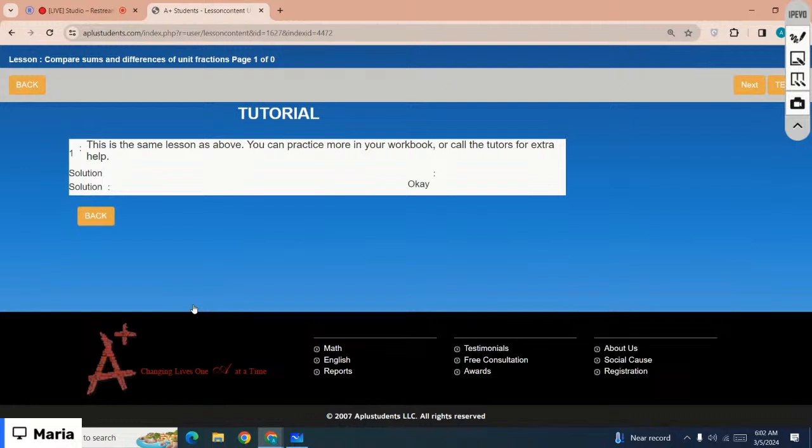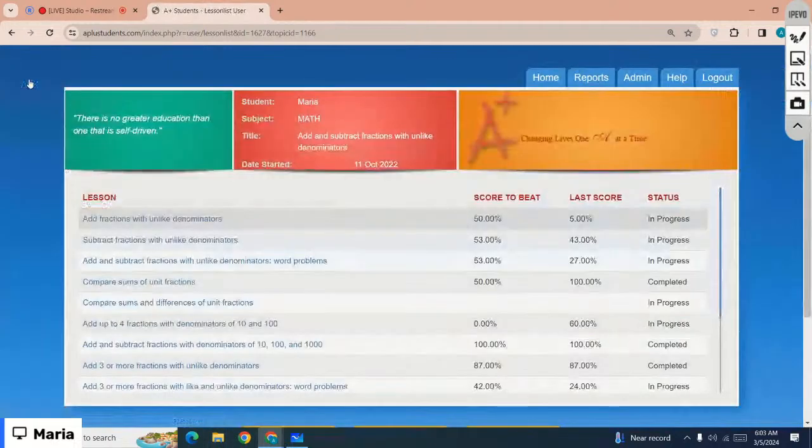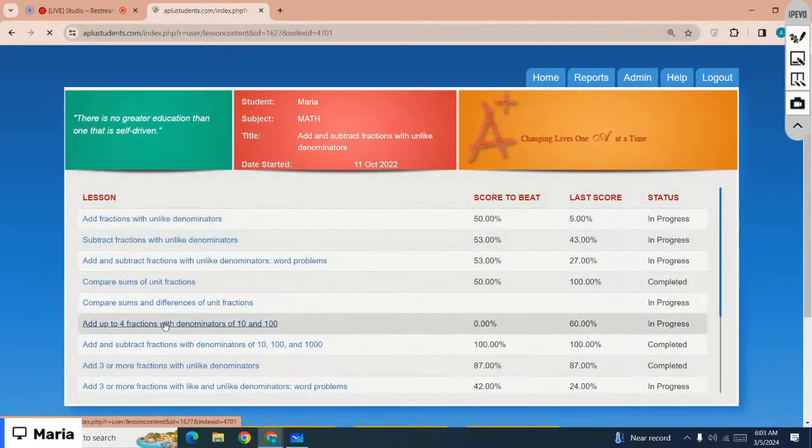Let's start with the next lesson: add up to 4 fractions with denominators of 10 and 100.